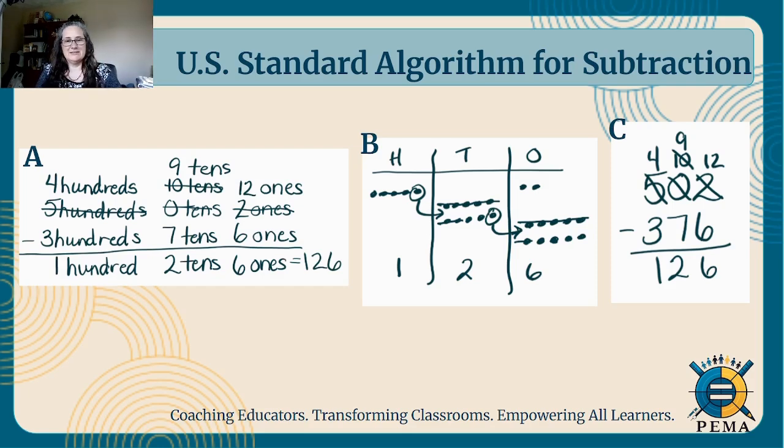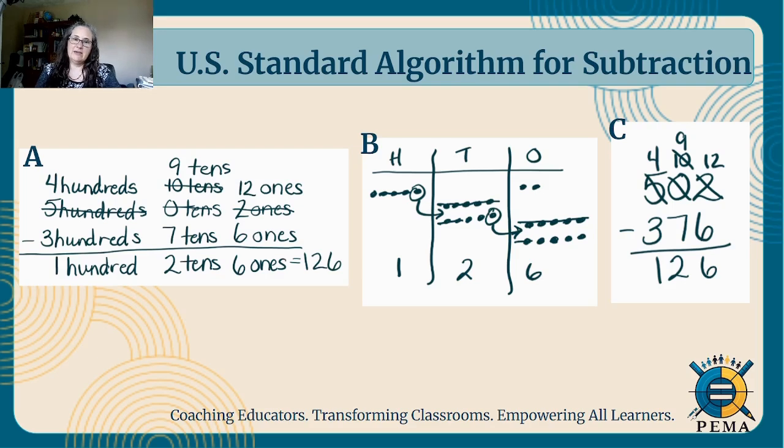In these 3 representations, you can see that we started in the ones place. We didn't have enough ones, so we needed to get some more ones. So we went over to the tens place, but there's a 0 in the tens place. So we need to go over to the hundreds.